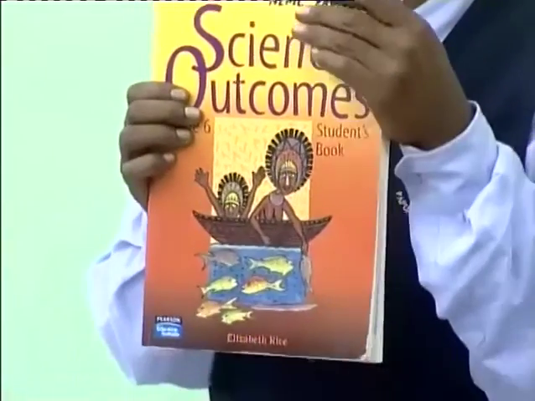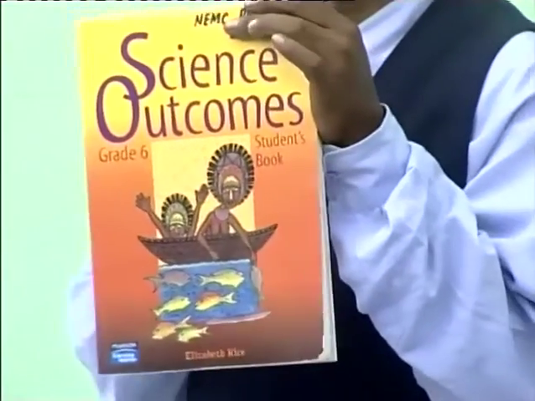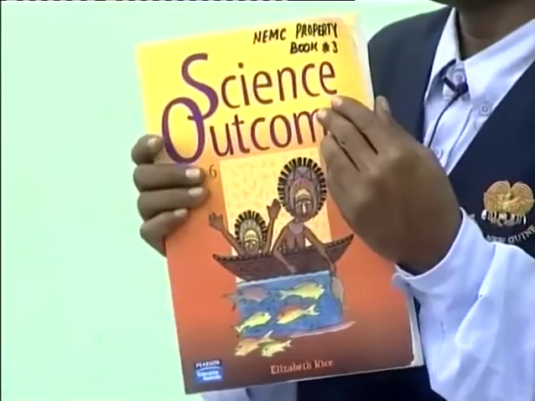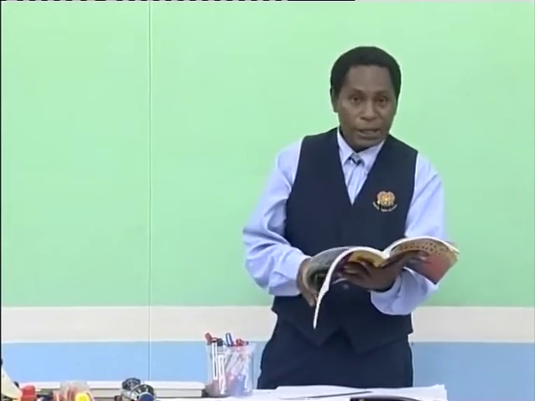It's the Science Outcomes for Grade 6. Right. Receiving students and class, you all want to hear the story? Good. Now remember those two questions. Remember the title and the characters of the story. Let us start our story.